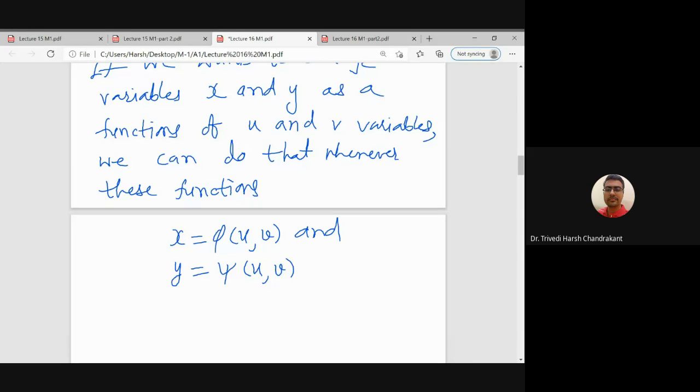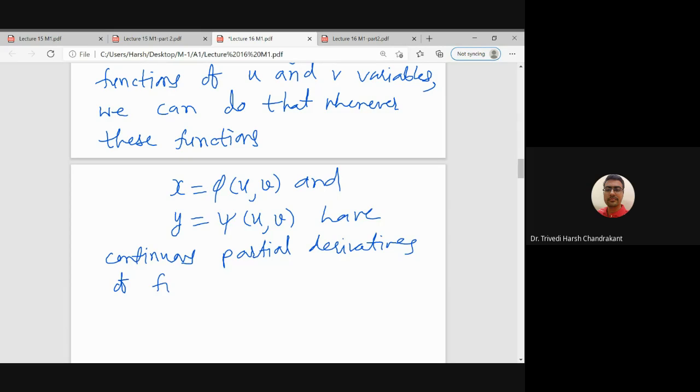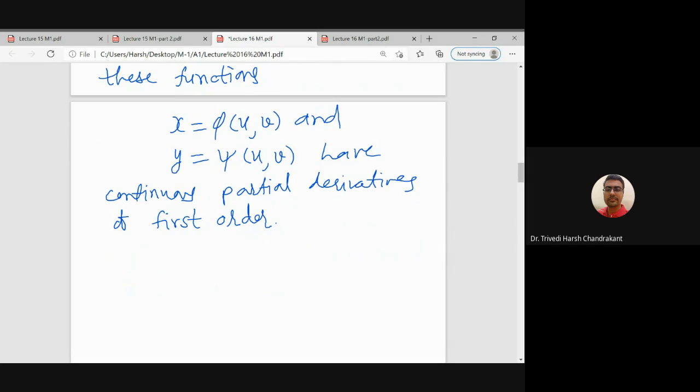These functions have continuous partial derivatives of first order. So x and y should be differentiable with respect to u and v essentially.